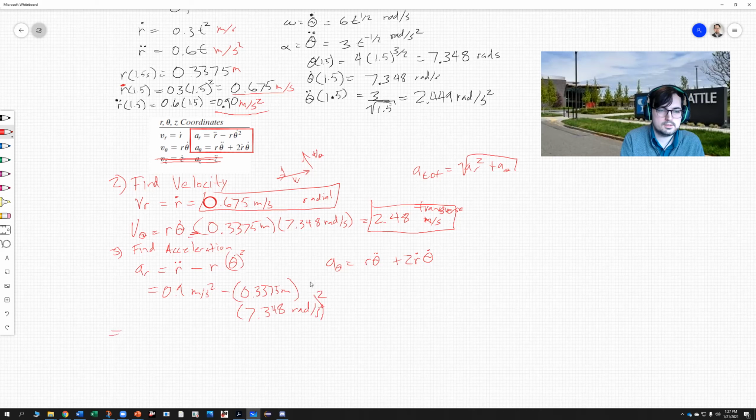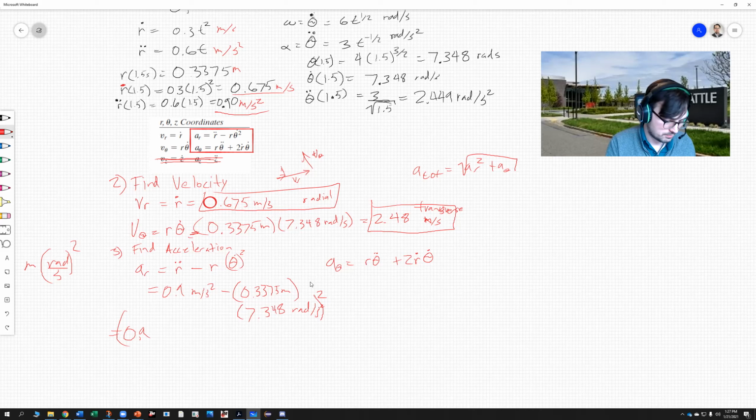So if we simplify this, it's going to be 0.9. And over here, we got meters times rads over seconds squared. So our units are going to be rad squared. Remember that rads are unitless, so these drop out. So we just have meters per second squared here.